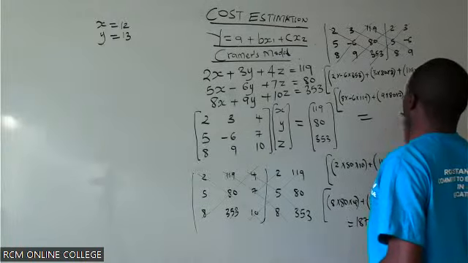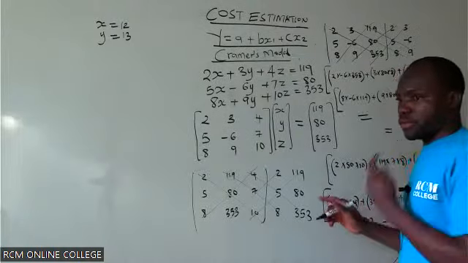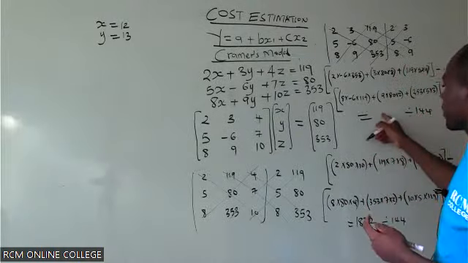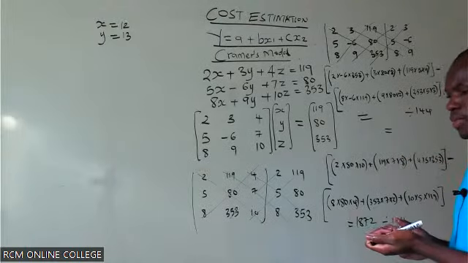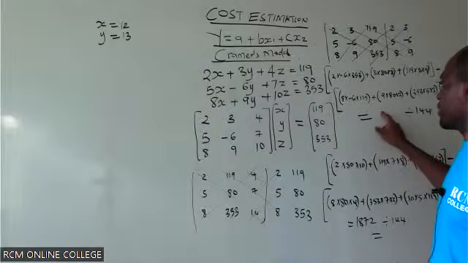So I should get something, then I divide by 144. So what are we getting here?